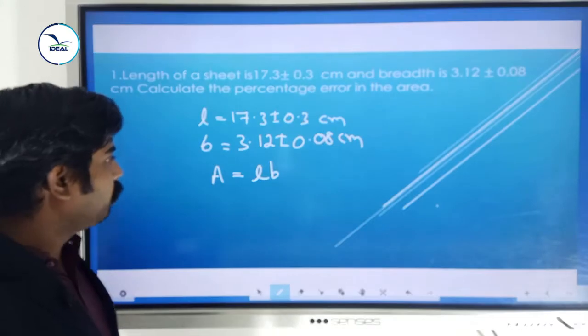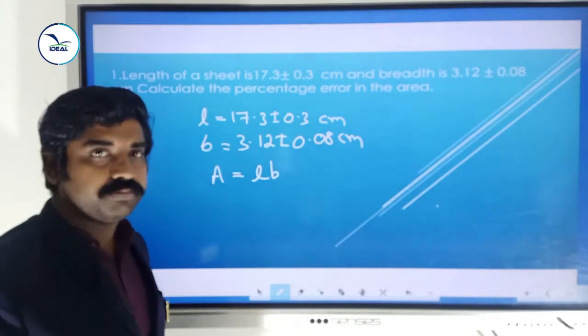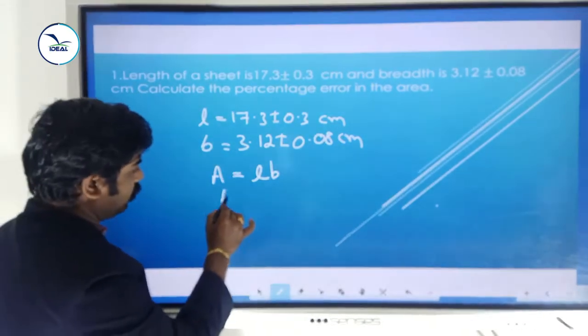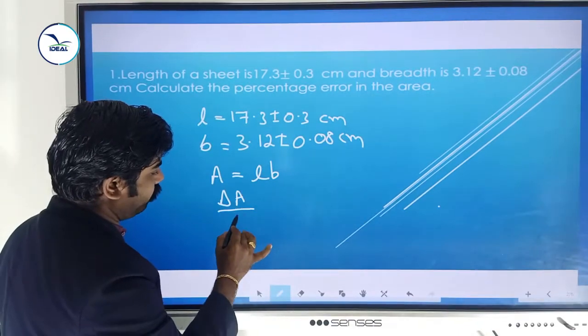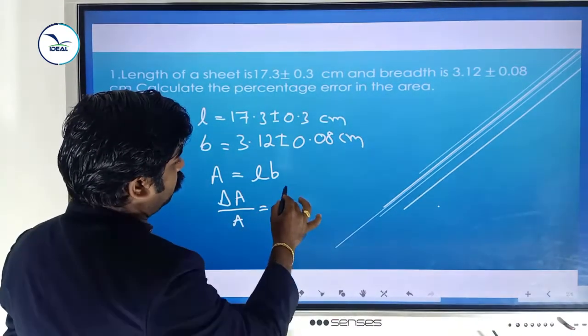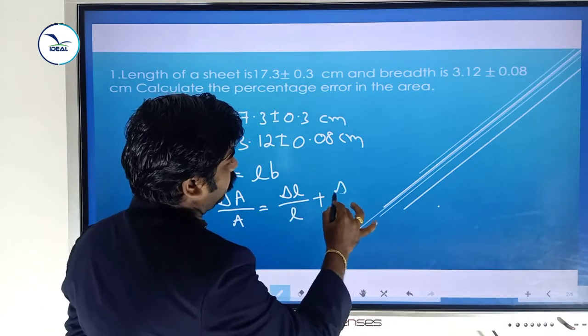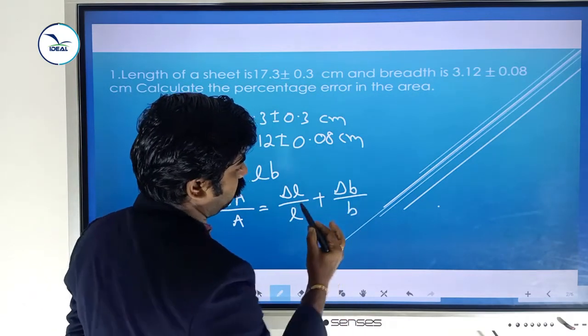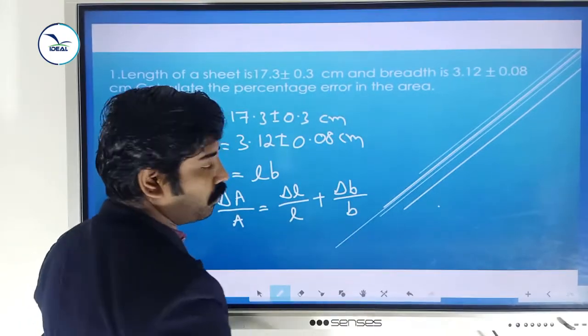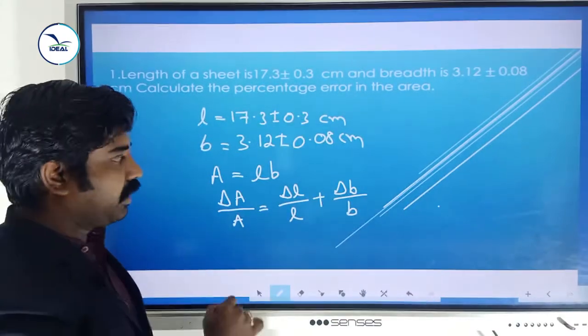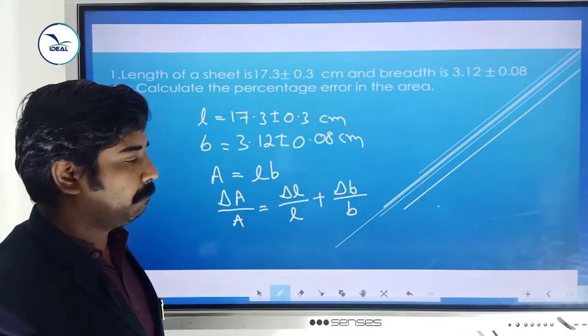So what is the possible error in this area? That is delta A by A is equal to delta L by L plus delta B by B. This is the possible error in this equation.